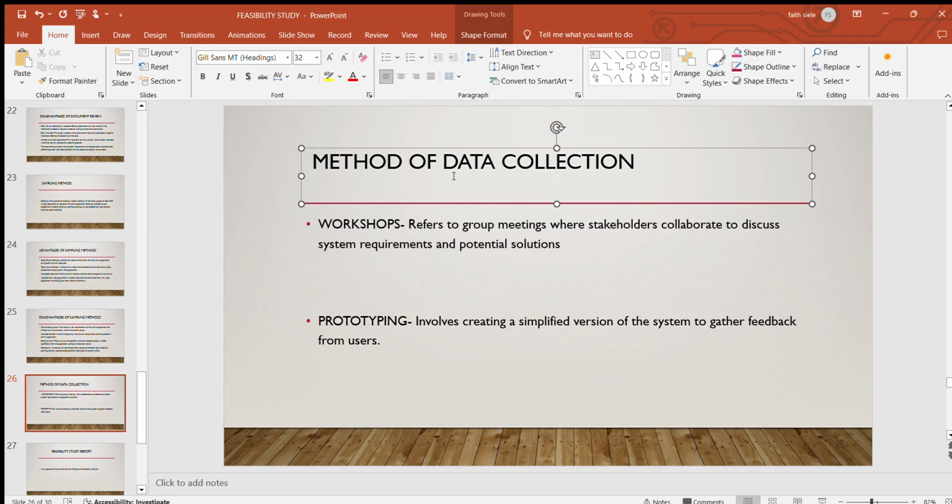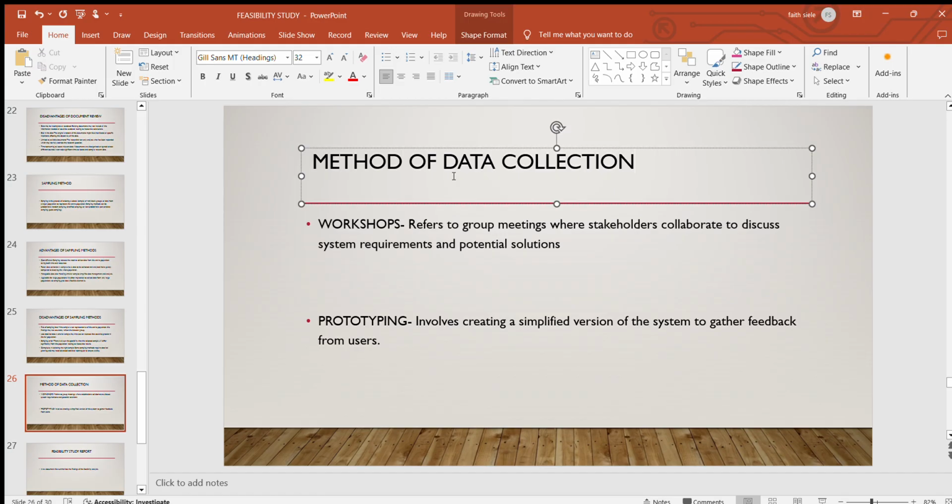So this refers to group meetings where stakeholders collaborate to discuss the system requirements and even potential solutions. Then you also have prototyping. This one involves creating a simplified version of the system to gather feedback from users.